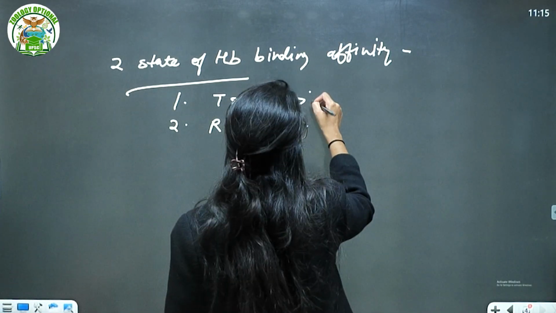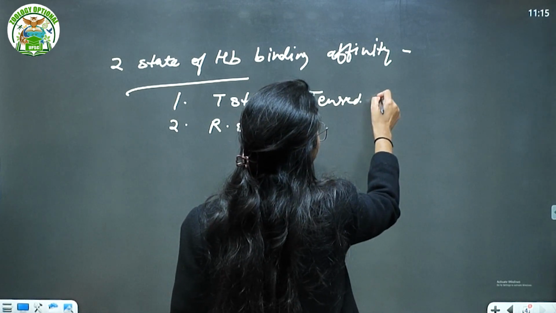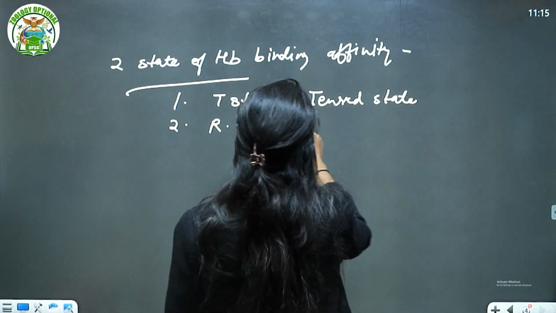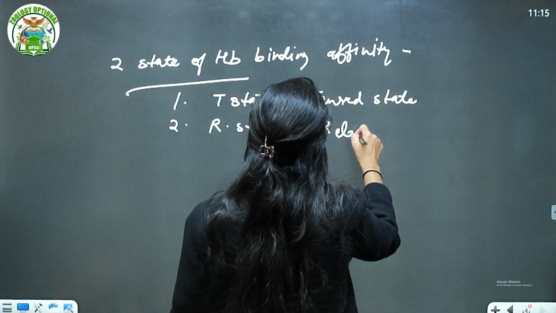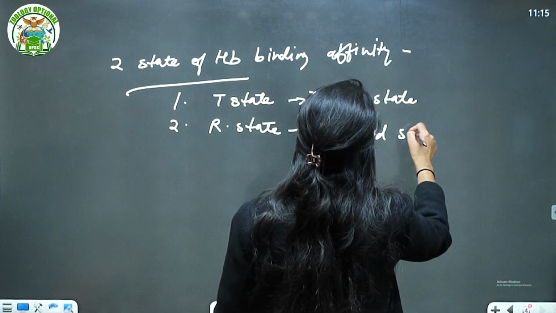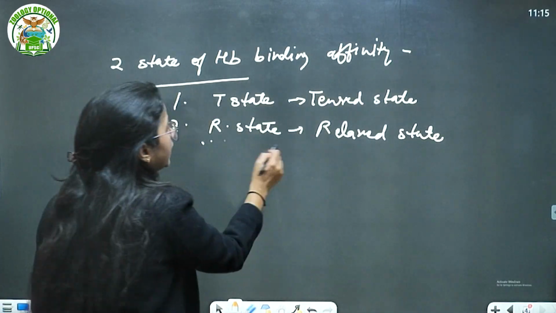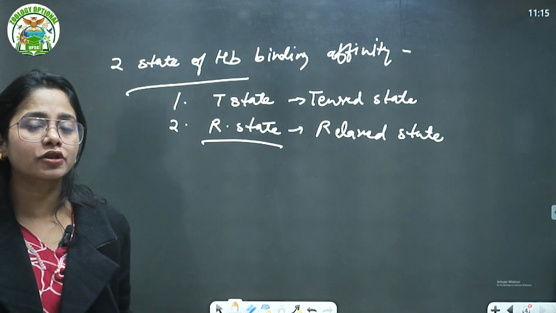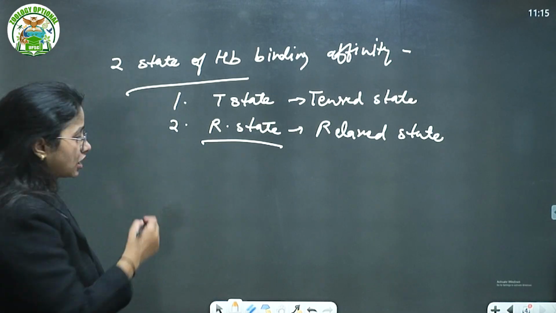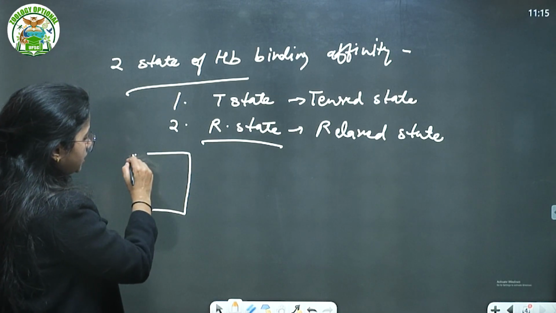It can also be said as the tensed state, and the relaxed state, okay? So R state: as the molecules of oxygen start binding like this, as we have talked about, this is your T state and R state.